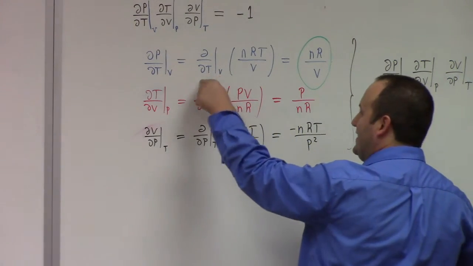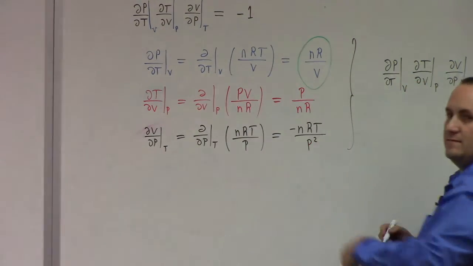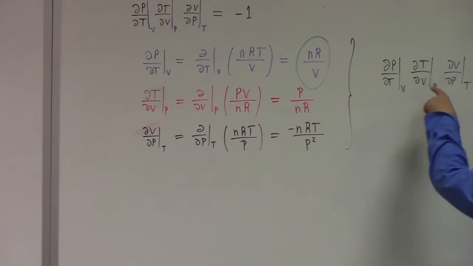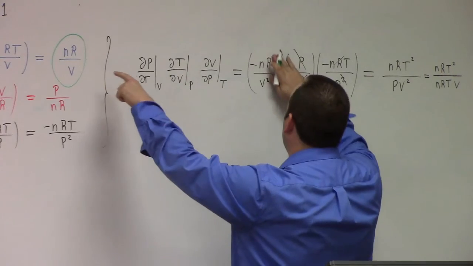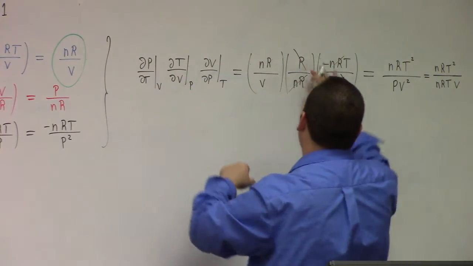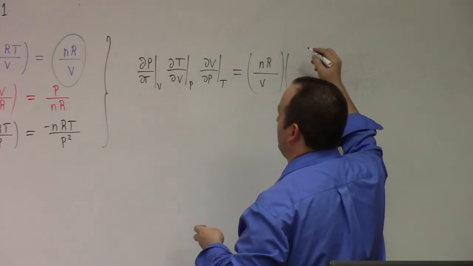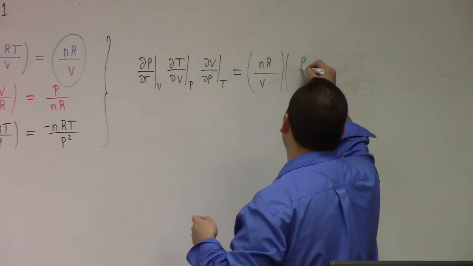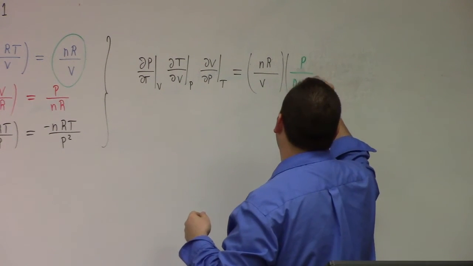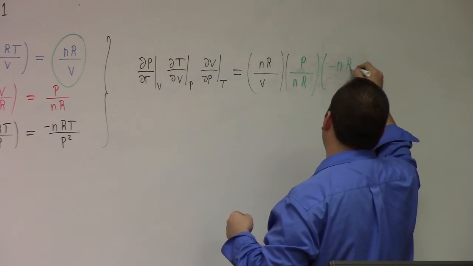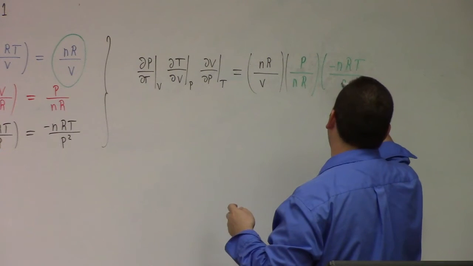Differentiation with respect to T. So this makes this nR over V. Sorry, I just ran out of board. Let's see here, P divided by nR, minus nRT divided by P squared.